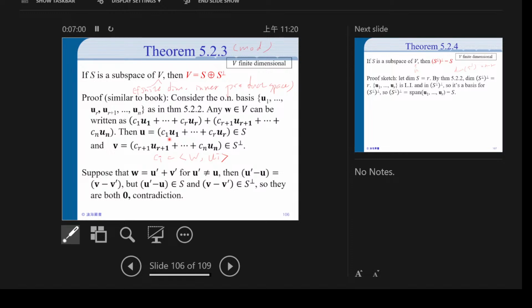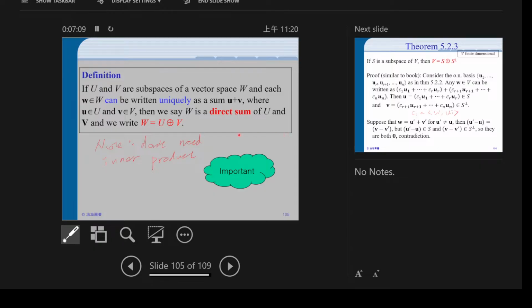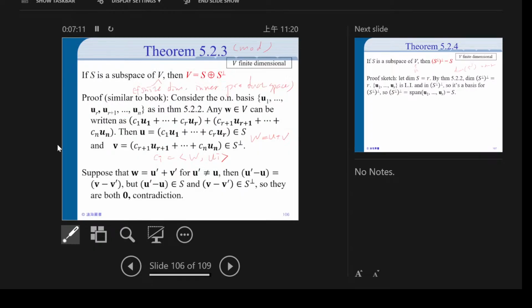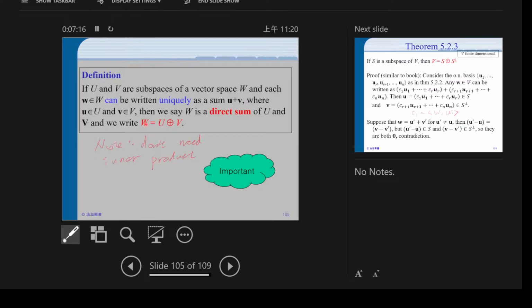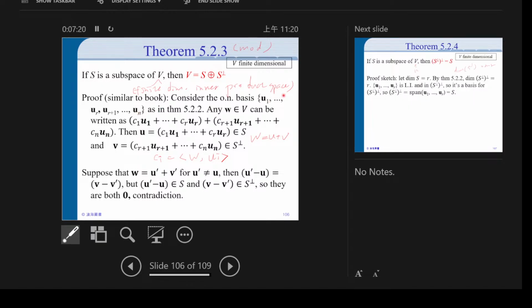So W equals U plus V, and this is existence. Uniqueness we can do similar to the previous proof, but uniqueness basically comes from the fact that U1 to Un is already a basis, and when you write U and V in terms of this basis, it's basically unique.